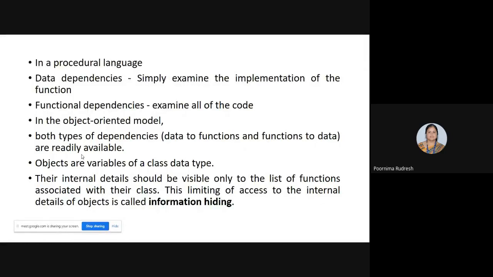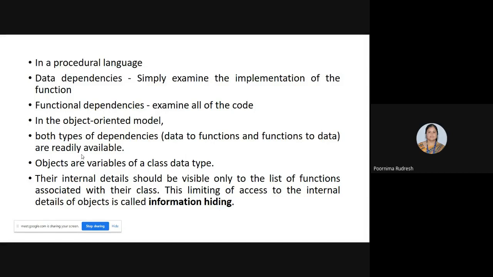Clear? So we find the data dependency by examining the implementation of the function, and the functional dependency by examining all of the code that includes the functions dependent on the data.